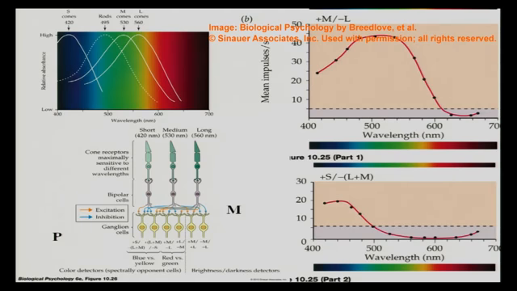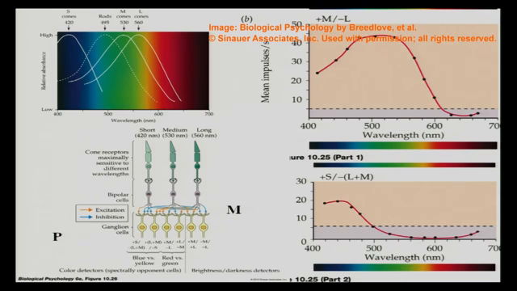And we have retinal ganglion cells, so groups of retinal ganglion cells that have on and off receptive fields, but some of those ganglion cells are getting inputs to their receptive field centers from the short wavelength cones and to their surrounds by a mixture of the L and the M cones.